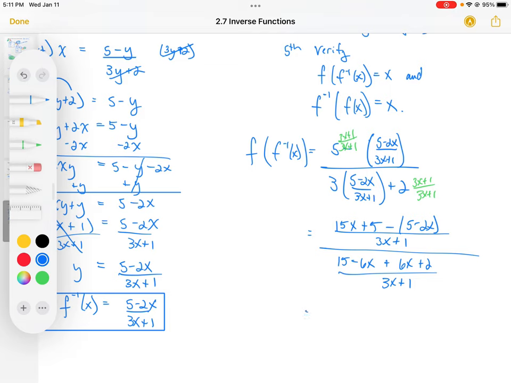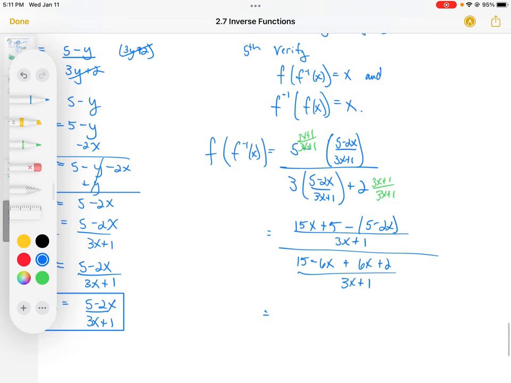Now I'm going to try to clean this up a little bit so I can distribute this negative sign. So this is going to become 5 minus 5, so those 5s are going to cancel out. And it looks like I'm going to be left with 17x over 3x plus 1. And in the denominator, it looks like those x's cancel out.